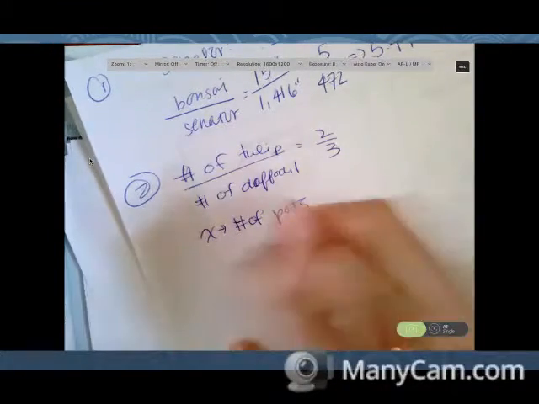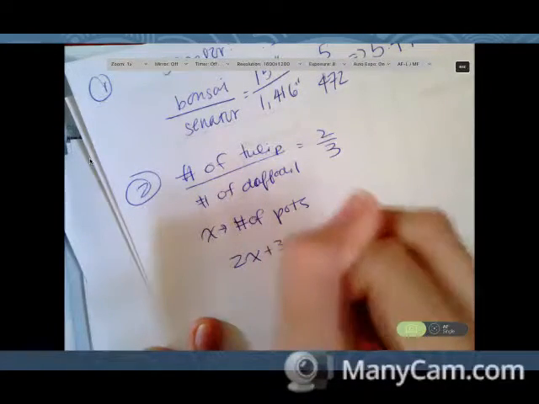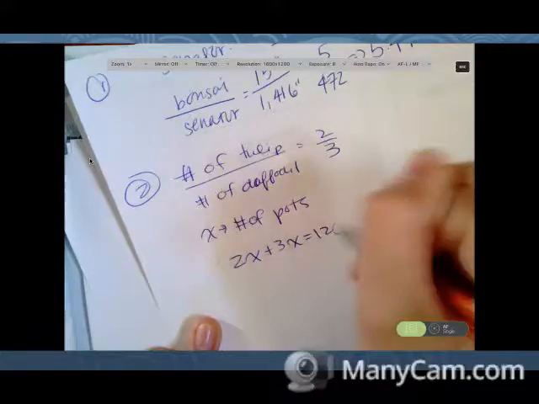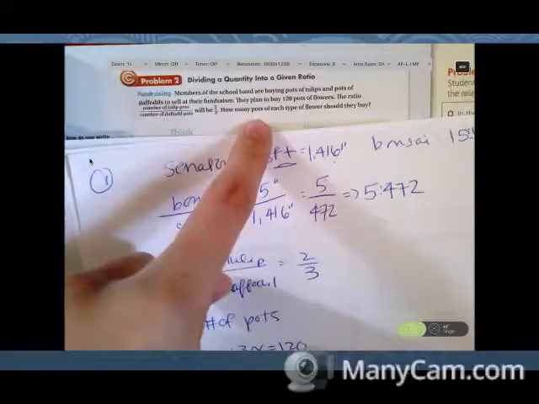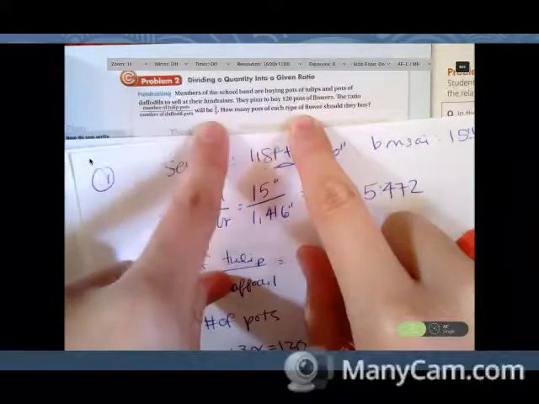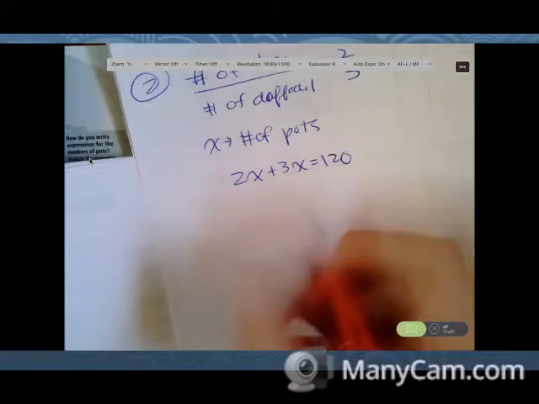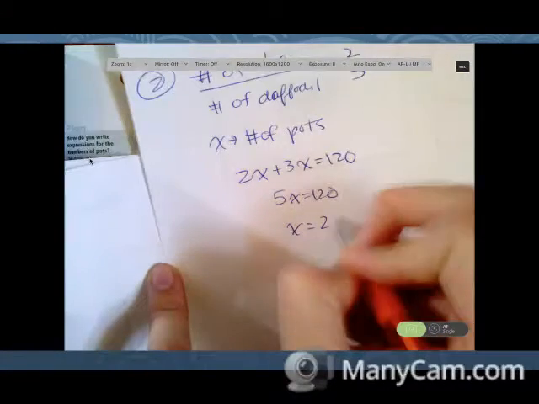So we have 2x plus 3x equals 120. Looking back, they plan to buy 120 pots of flowers, so we got 2 and 3 right down here. Now we're going to solve for x. So 5x equals 120, so x equals 24.